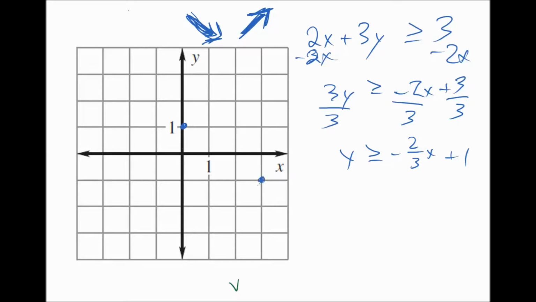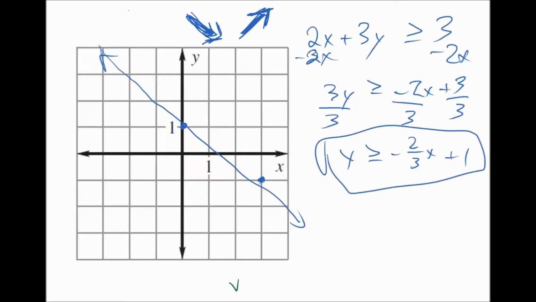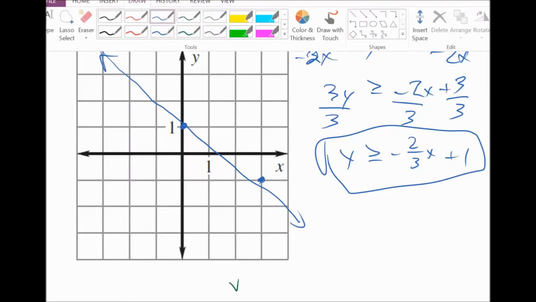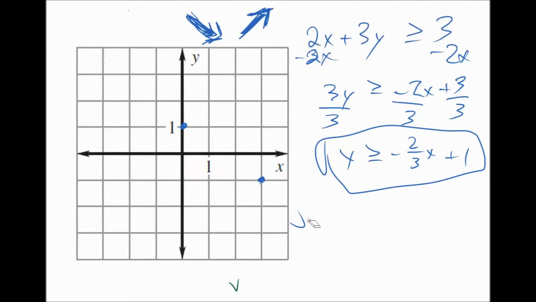Put a point, and now we can draw our line. Of course, you can also plug this into a calculator. I'm going to draw this line a little straighter, because I want you to do that as well. It's hard to use a straight edge on this screen though.